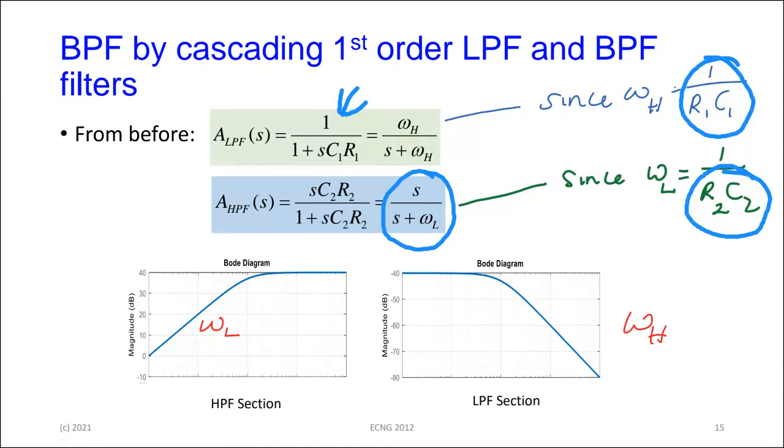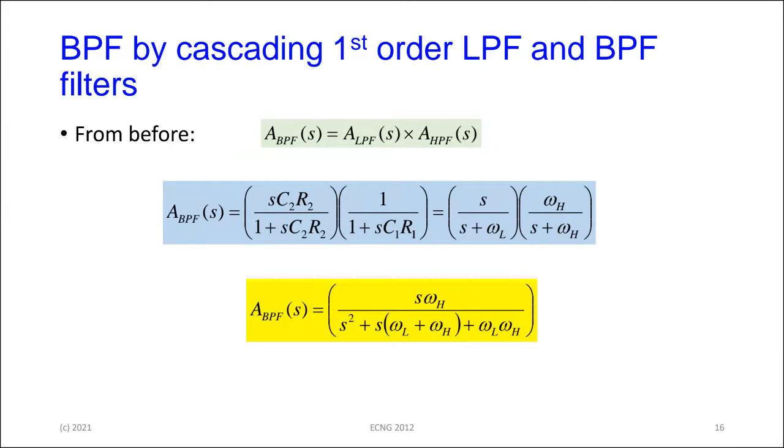So you put them together, they are cascaded, which means that the transfer functions multiply. If you multiply the transfer functions, the overall bandpass is the transfer function of the low pass section multiplied by the high pass, which is this, or this, right? One version has it in terms of C and R, the other version has it in terms of omega L and omega H. This one is just a little easier to keep writing.